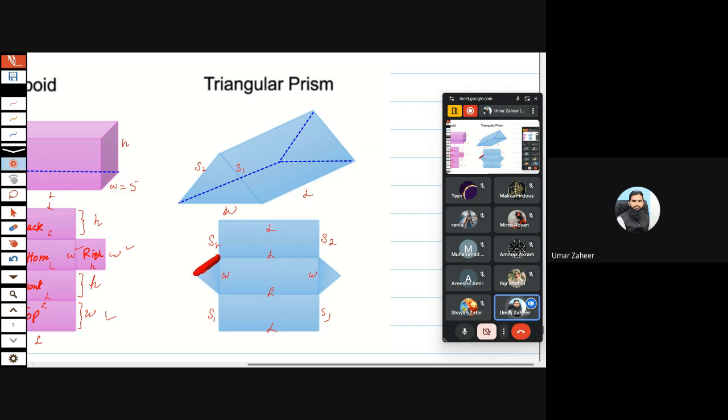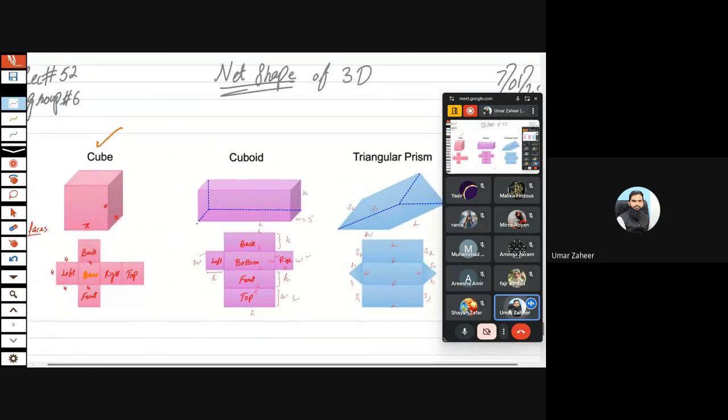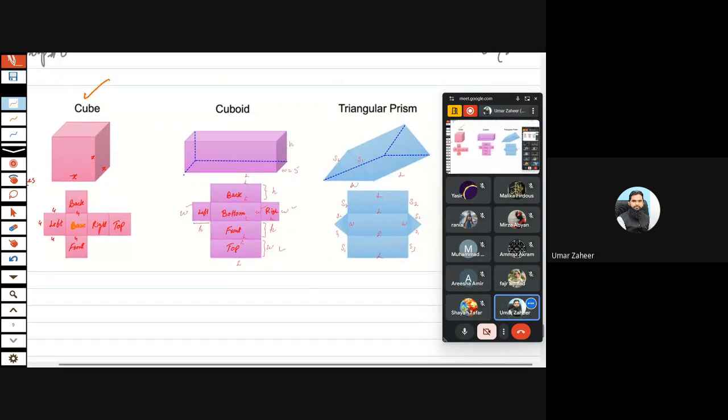Yes, this length will be S2, and it will be S1. S2, S1, S2, S1. Yes, everyone, any confusion in these three shapes? Cube, cuboid, triangular prism. No, sir.